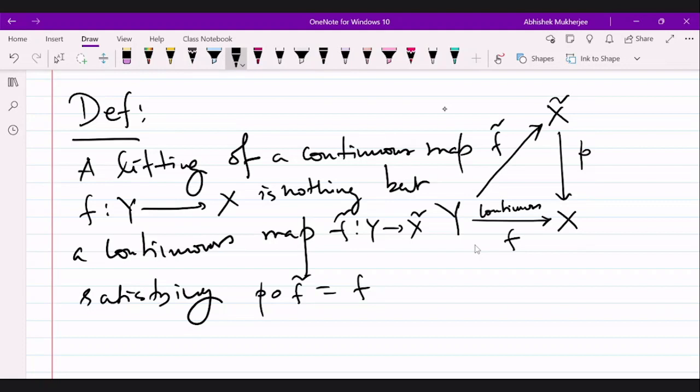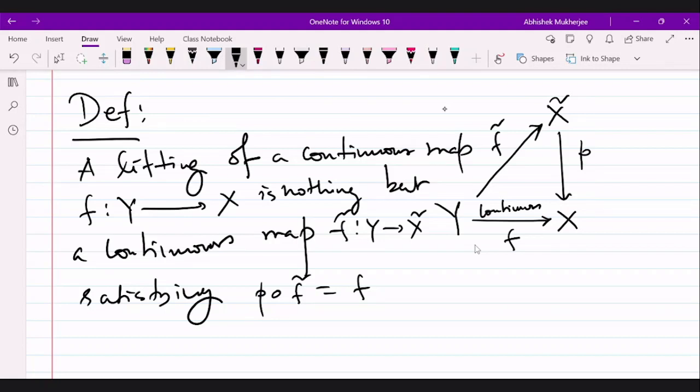So we will see that we are concentrating on liftings in covering spaces. And that will help us extensively to characterize the fundamental groups of certain spaces.